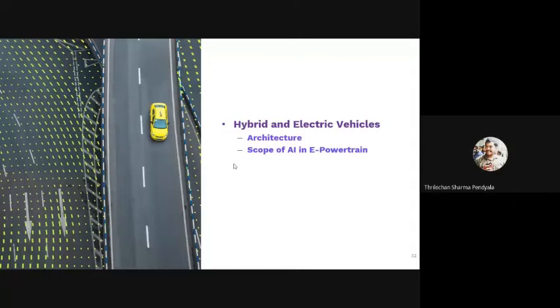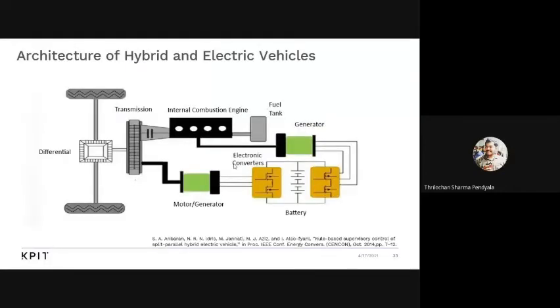So until now, Shishir has just summarized the topics that we have covered. Now I'm going to talk about the applications of AI in electric powertrains. Before going into it, let me give a brief on the architecture of a generic hybrid vehicle, and then I also will give a focus on the components that are included in a typical electric vehicle.